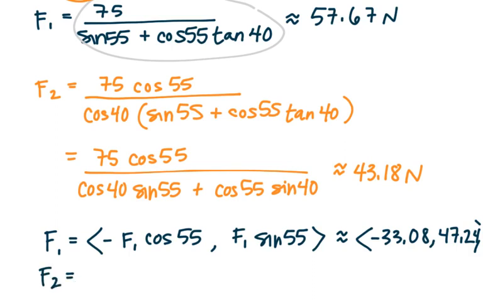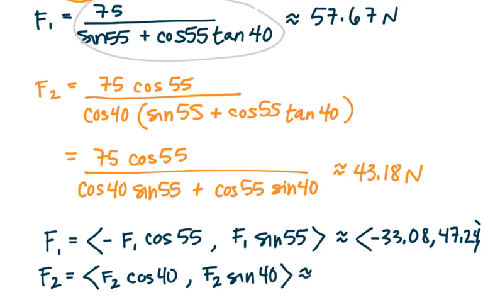And force 2 was force 2 cosine 40, force 2 sine 40. Plugging that value in, we would get approximately 33.08 and 27.76. So these represent the vectors of the forces acting upward in component form.